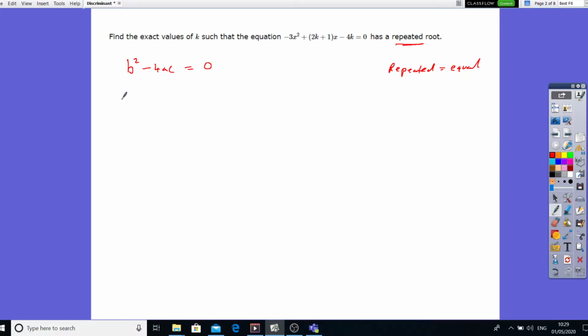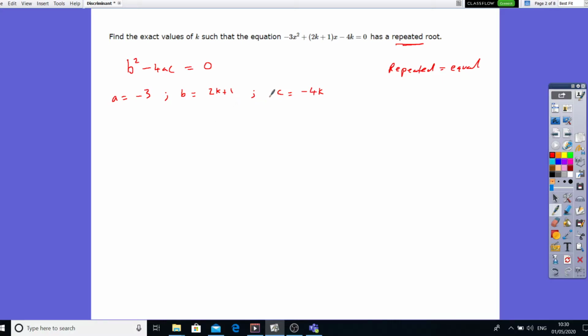In this case, we've got a equals the coefficient of x squared, which is minus 3. B is equal to the coefficient of x, which is 2k plus 1, and c is equal to minus 4k.